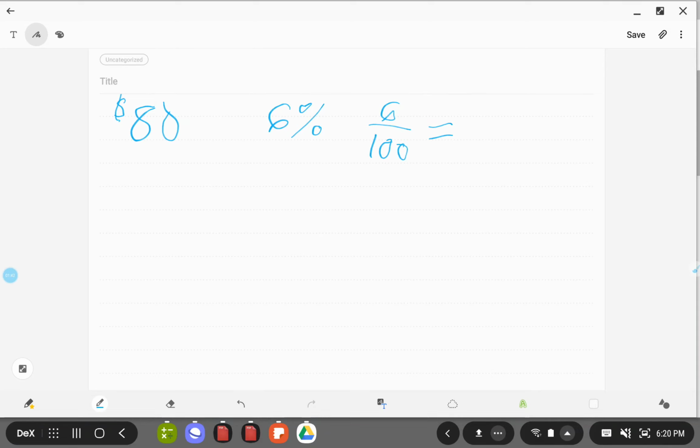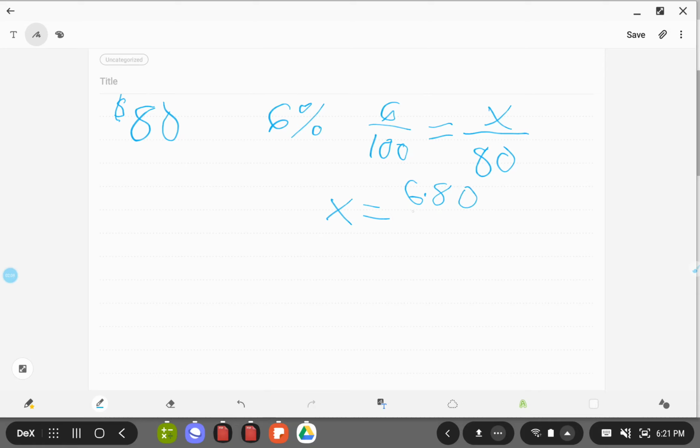And then we know that $80 is my original, right? Or my whole. So it's going to go down at the bottom with the 100. So to solve it using our proportions, I would do this, and then I can use my butterfly method to multiply across my opposite corners. So x would equal 6 times 80.